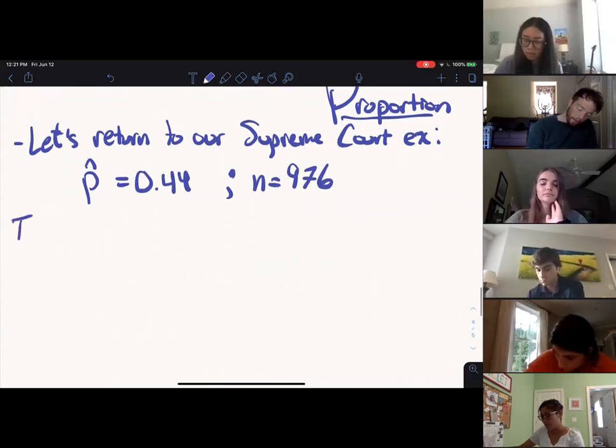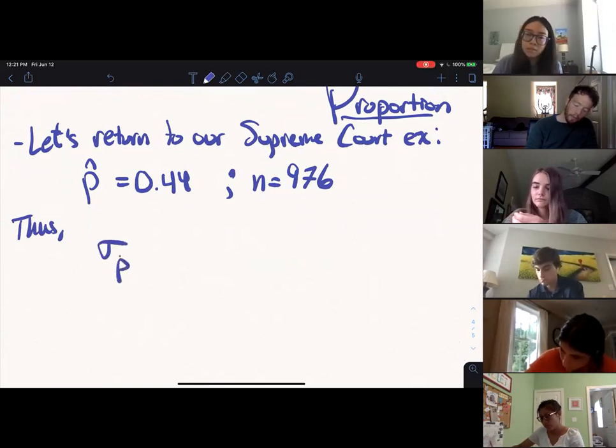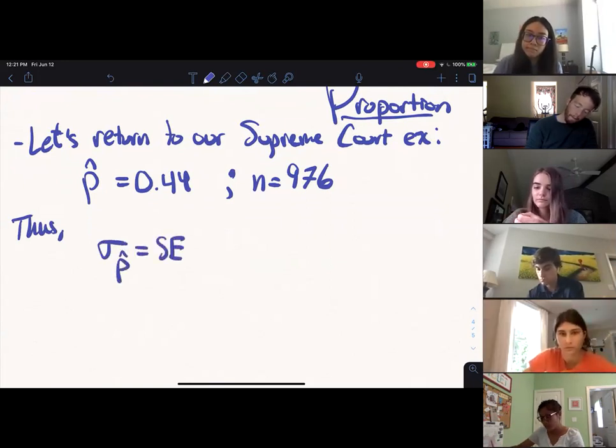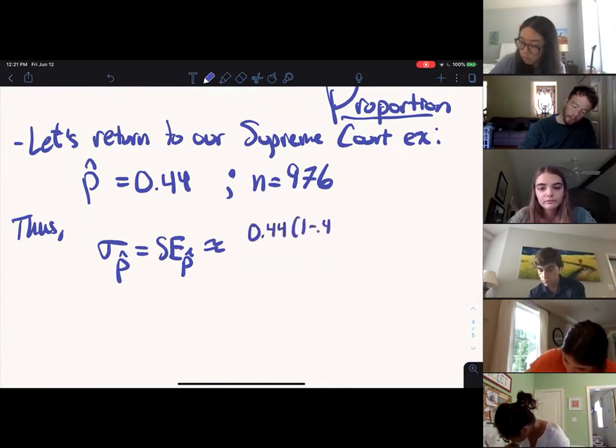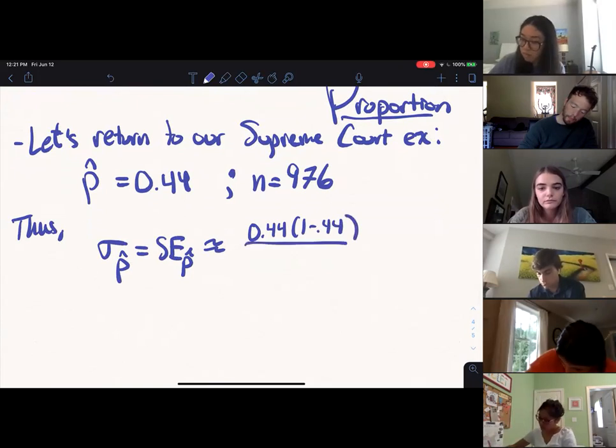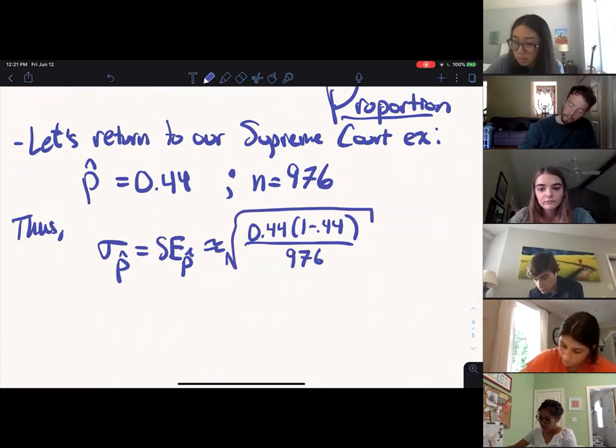So, thus, what's our standard deviation of p hat, or the standard error? Well, since we don't know the true population proportion here, we're going to use our sample proportion to approximate it, which gives us around 0.016.